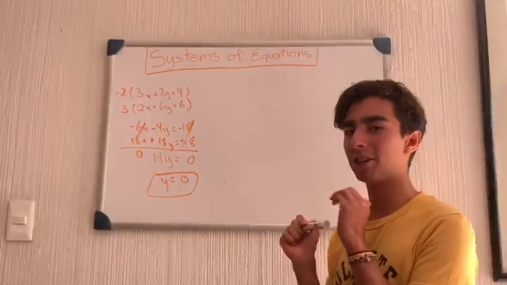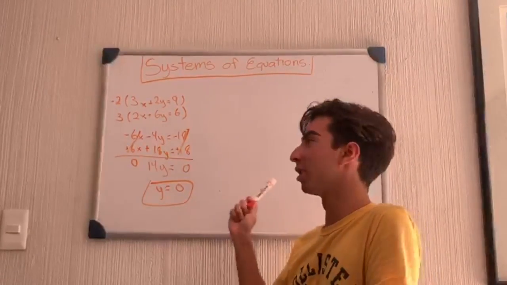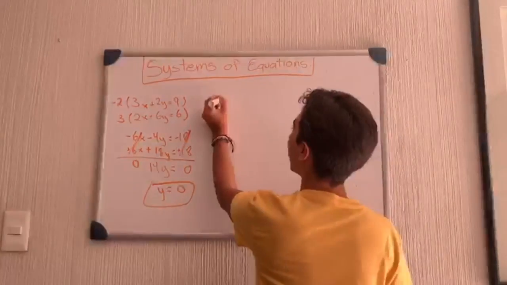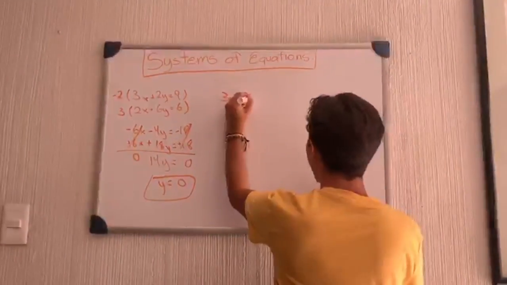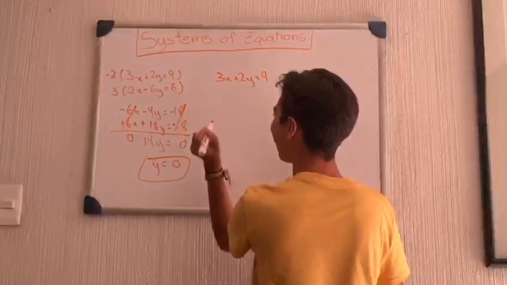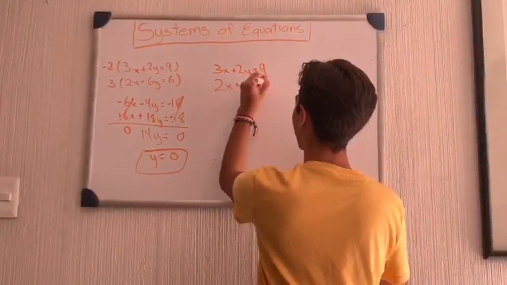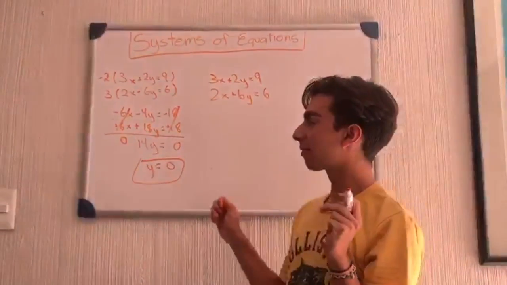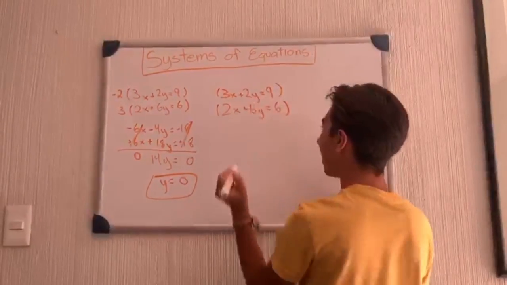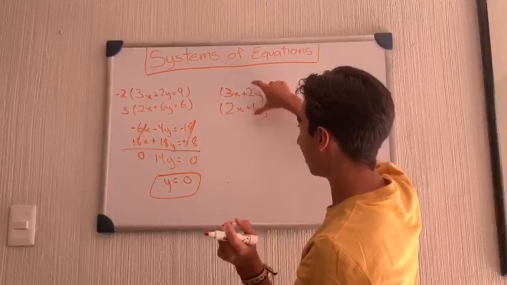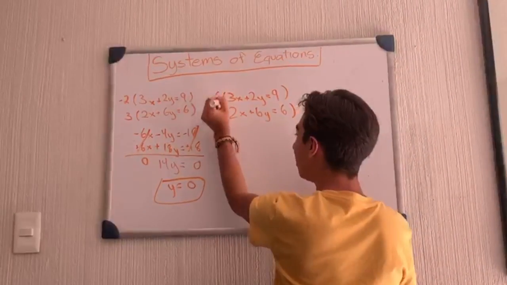Okay, in the elimination method we already solved that y is 0. Now we're going to solve for x. We do the same thing, but it's not exactly the same. For x, we put parentheses here, and now we use these numbers instead of these ones, so we switch them and put them here.